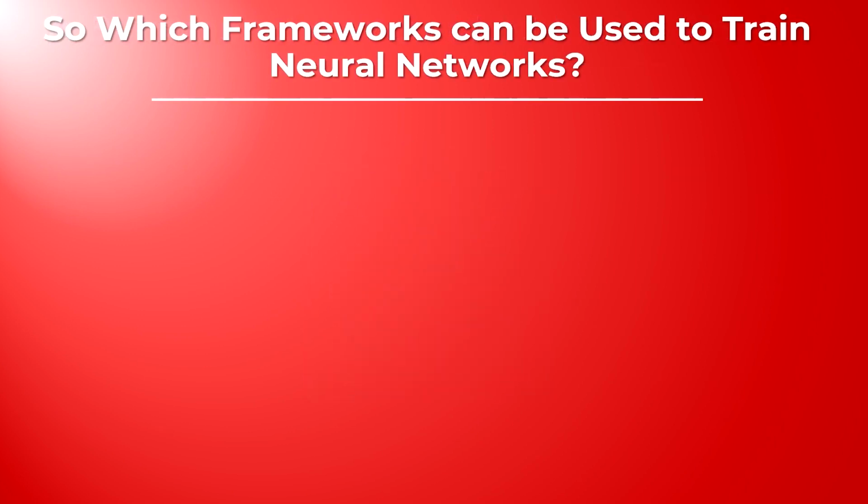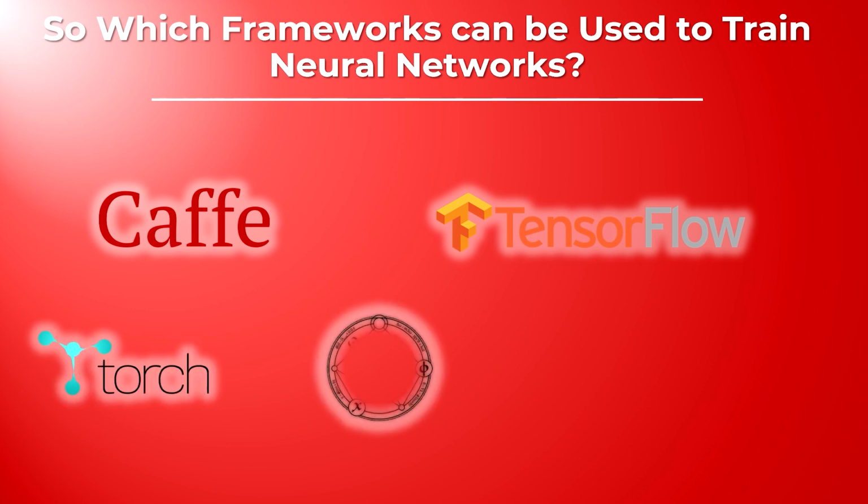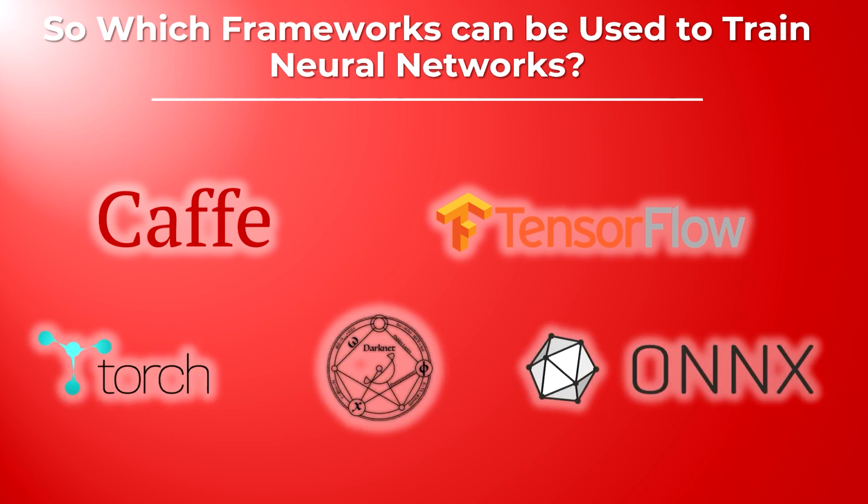And here is the full list of all the frameworks that you can use to train deep learning models: Caffe, TensorFlow, PyTorch, and Darknet. You can also use ONNX models, which is the intermediate format. You can convert a TensorFlow or PyTorch model into ONNX, and this is really useful because later on I'll show you how you can mitigate and solve some problems with this sort of an approach.